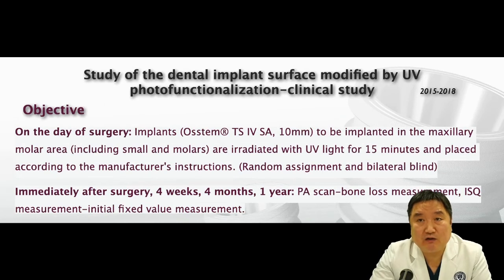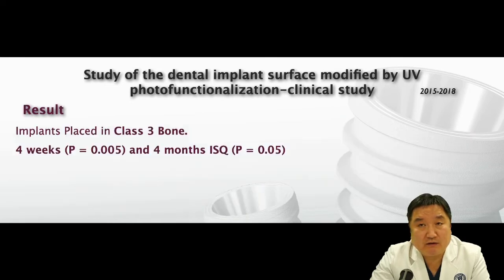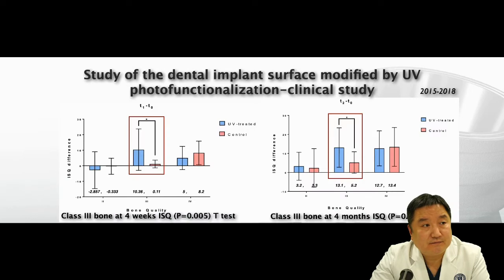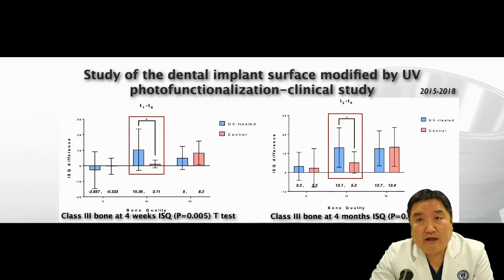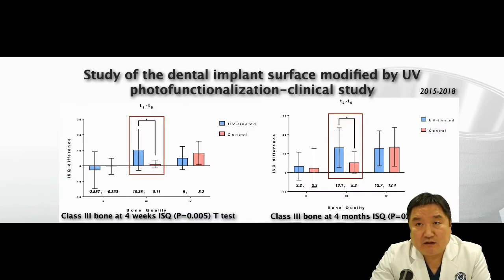So the ISQ value for stability and bone loss around the implant were measured at different times to compare: immediately after surgery, 4 weeks, 4 months, and 1 year intervals. And there were statistical differences at 4 months as well.